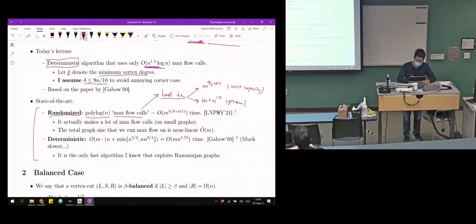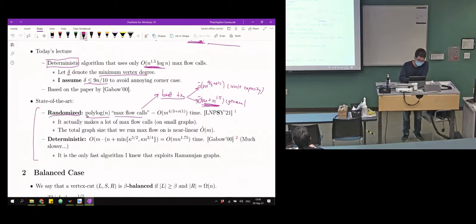So this is the best max flow time, ignoring polylog factors. You see that at least when the graph is dense enough, there already exists a near linear time max flow. So maybe the way you think about it is that max flow can be done in linear time, and you just count how many max flows you need.